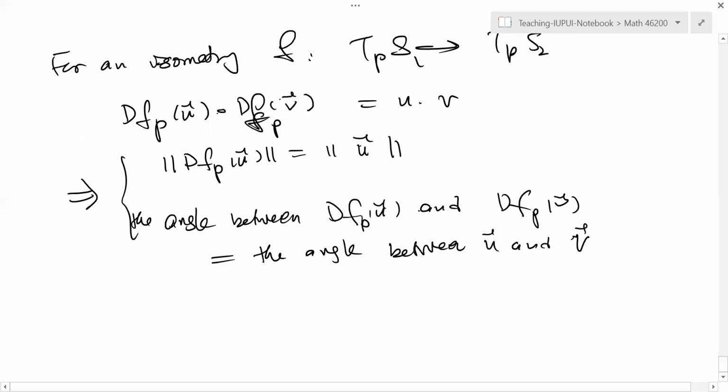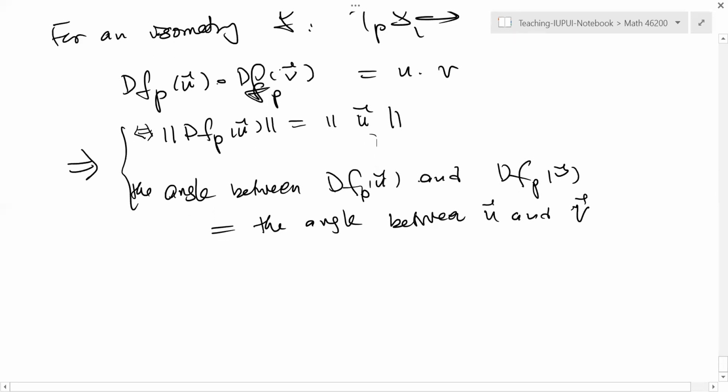But since our norm comes from the inner product, these two are actually equivalent. But that is a weak condition. I already showed that it preserves the norm if and only if it preserves the inner product. Those are equivalent, but preserving the angle does not mean it preserves the length.